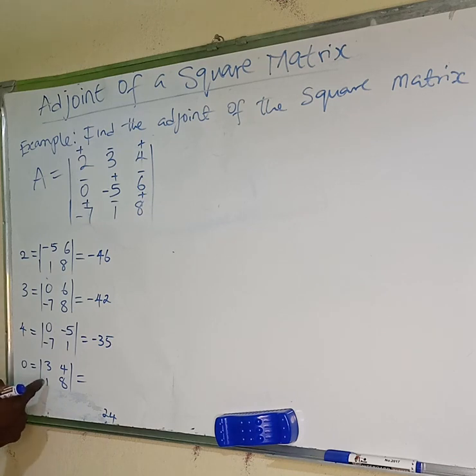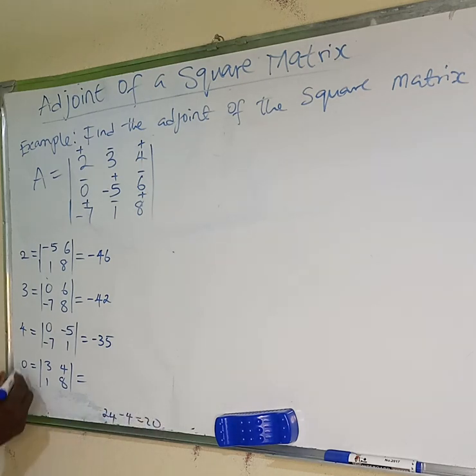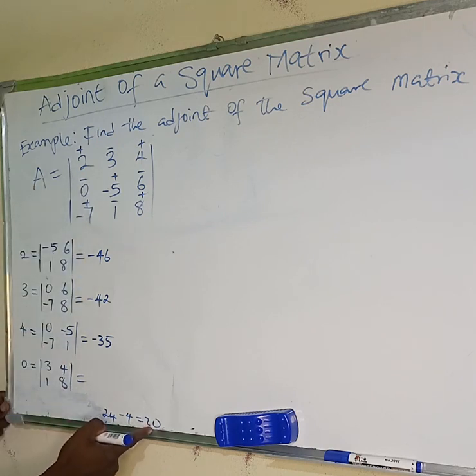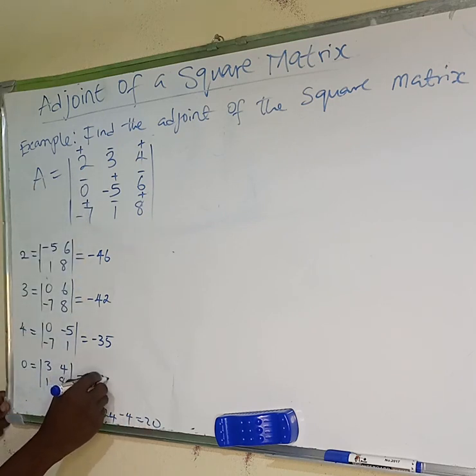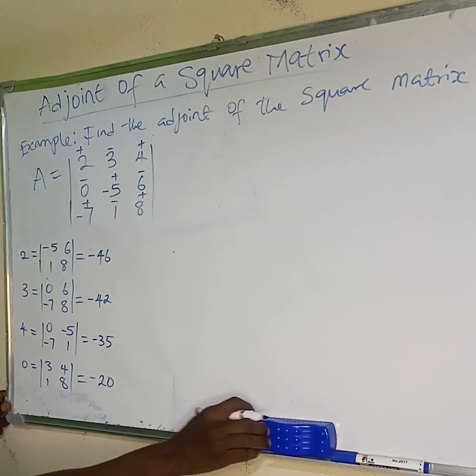So 24 minus 1 times 4, which is 4. So 24 minus 4 will give us 20. Now, what is the place value sign for 0? We have minus. So instead of positive 20, we are going to have negative 20. All right. I hope this is clear. So we'll move over to the next one.